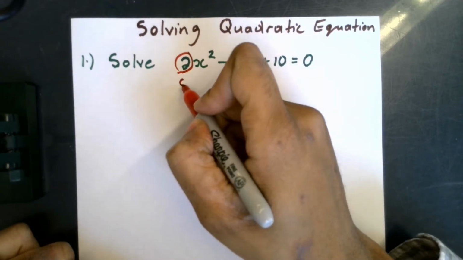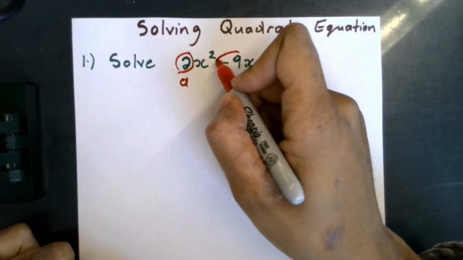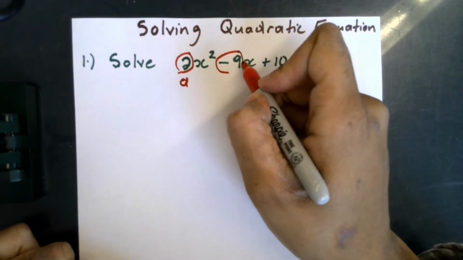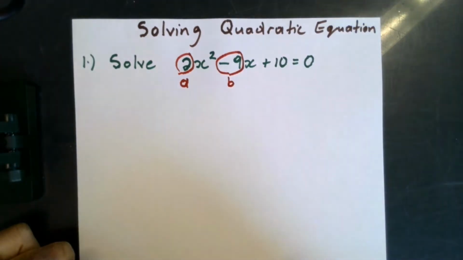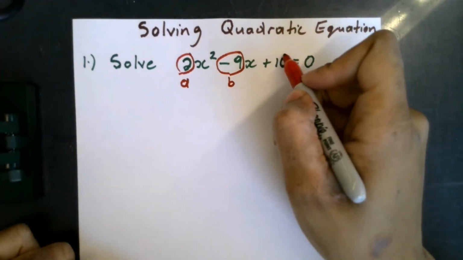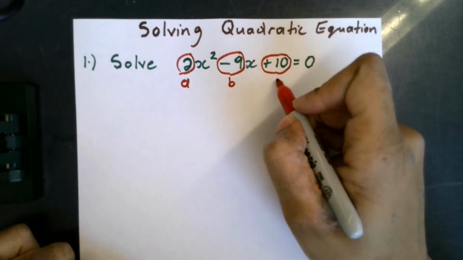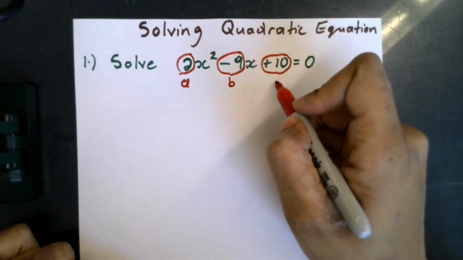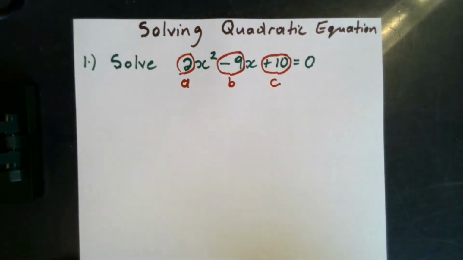This is A. All of -9 is B, and all of +10 is C. Alright, so A is 2, B is -9, and 10 is C.